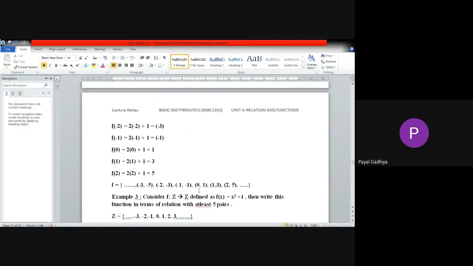Okay, this is the next function, f of x equals x square plus 1. I will give you the x value. You have to tell me the f of x value. Okay, what will be f of 0? 1. F of 2? 5. F of minus 2?